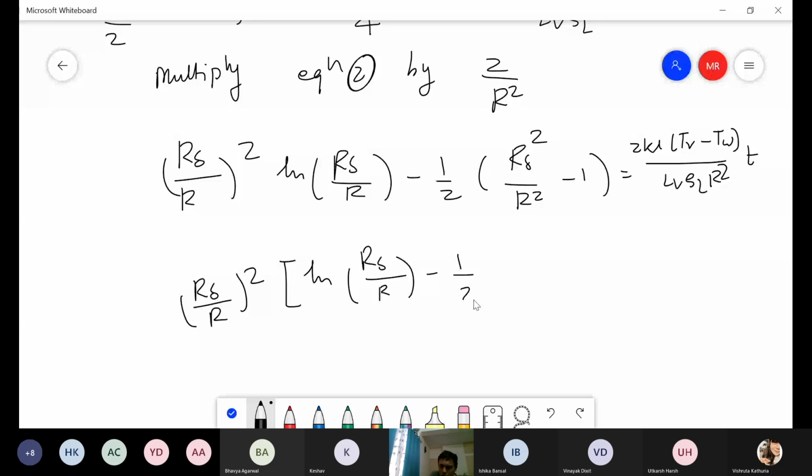This 1 by 2 term is remaining here, so that becomes plus 1 by 2, equals 2 k_L (T_V minus T_W) over rho_L L_V r square t. So this is the final expression which is asked in the problem statement.